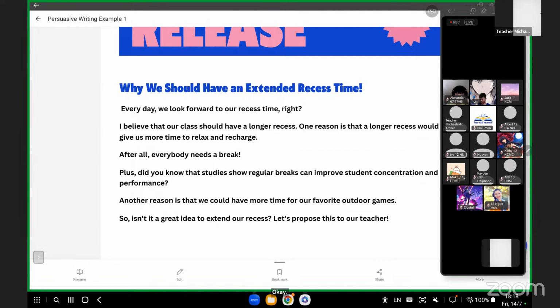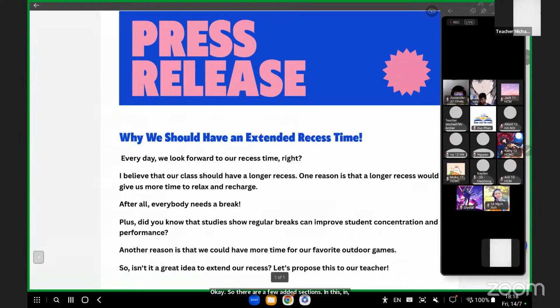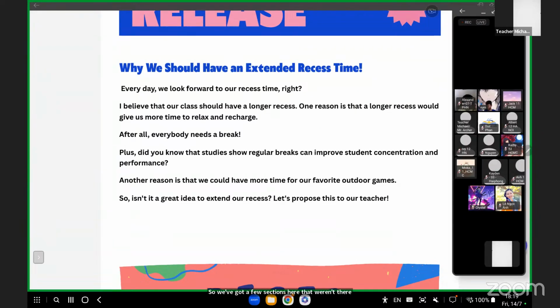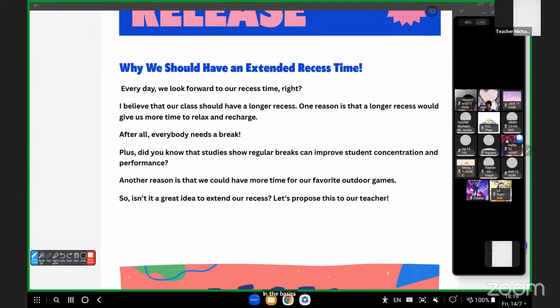So there are a few added sections in this piece of writing. So we've got a few sections here that weren't there in the basics, but they're just things that we can add to make our persuasive writing better.